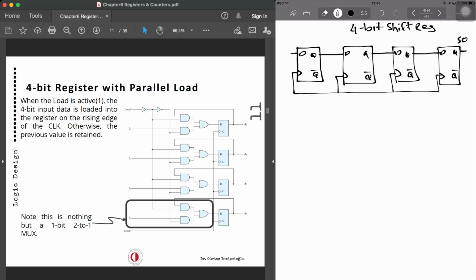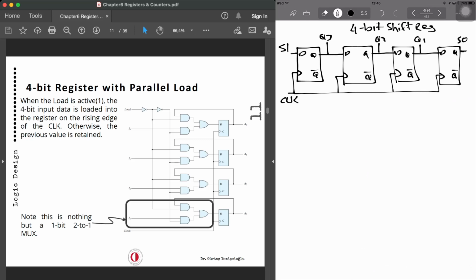And this is known as serial in. SI, SO, serial in, serial out. Now, and this is the clock. If you want, you can have some parallel outputs, which we can add from here, like Q3, Q2, Q1, and the other one is just Q0 or SO, which gives us the serial output.